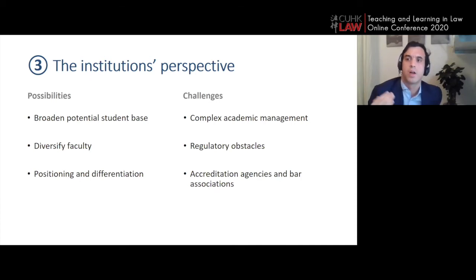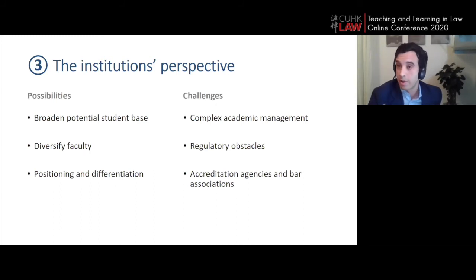More importantly, and to me these are really the two most important challenges raised by these programs, law schools may come across regulatory obstacles when it comes to implementing these programs, because the cosmopolitan approach that inspires these programs can fit uneasily with higher education regulation and with the rules that govern legal programs in certain countries.